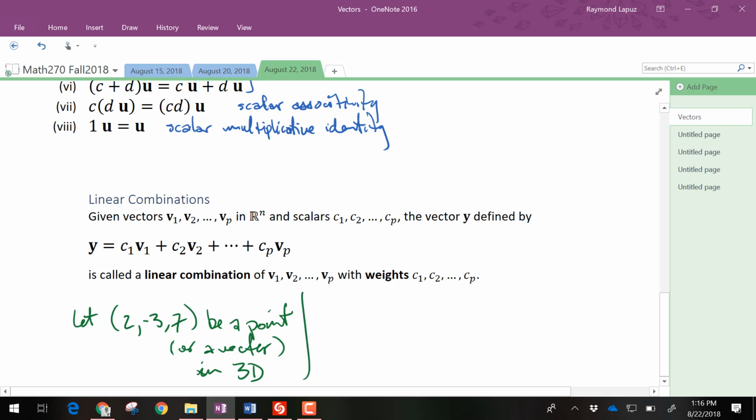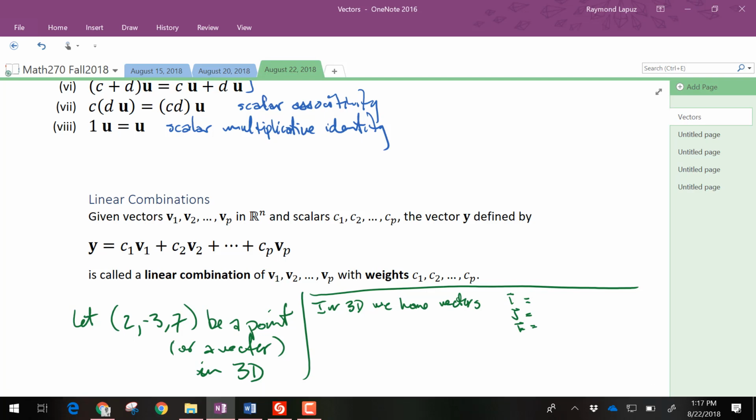Now also in 3D, we have the vectors i, j, k. Are we familiar with the i, j, k vectors? They are called the standard basis vectors for 3D. The i vector is 1, 0, 0, the j vector is 0, 1, 0, and the k vector is 0, 0, 1.